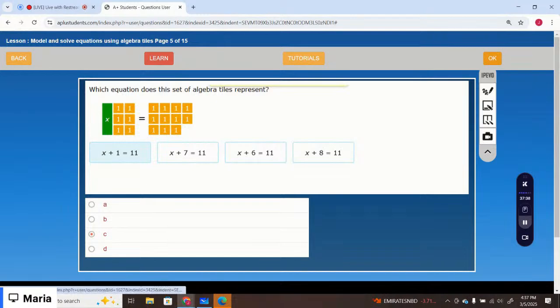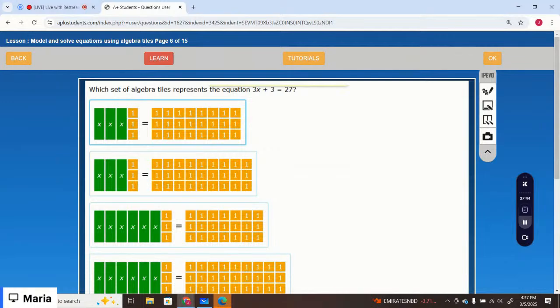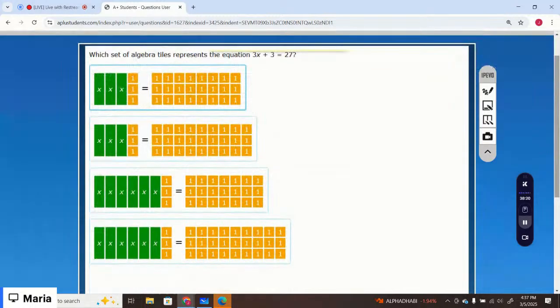Option number C is the correct option. Which set of algebra tiles represents 3x plus 3 equals 27?